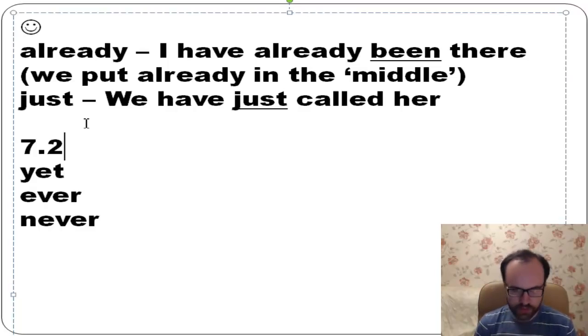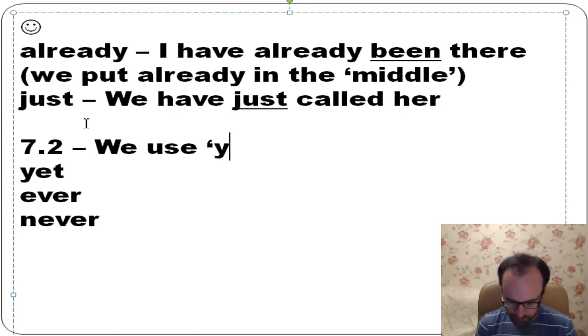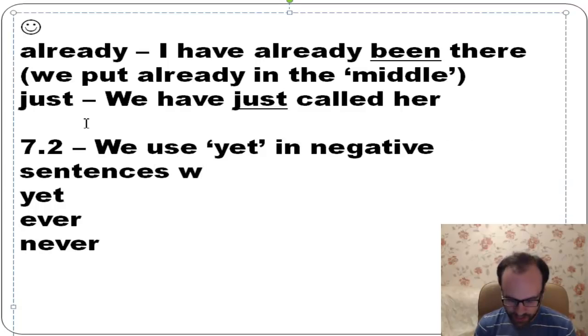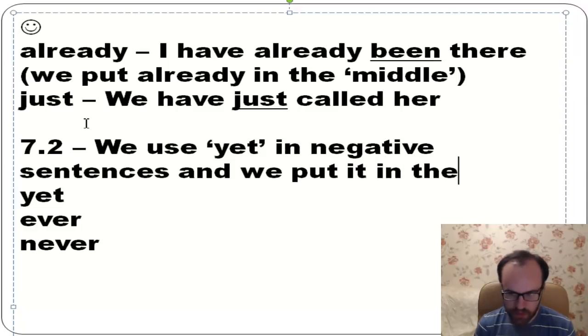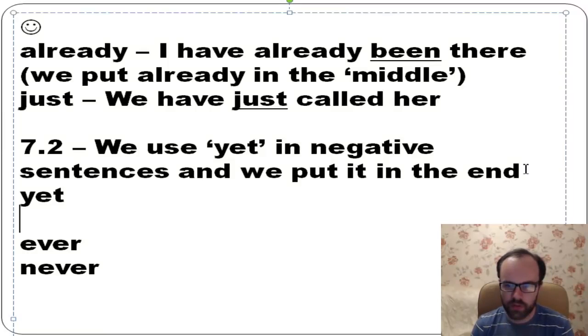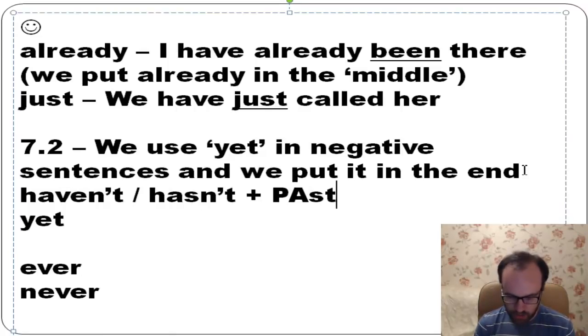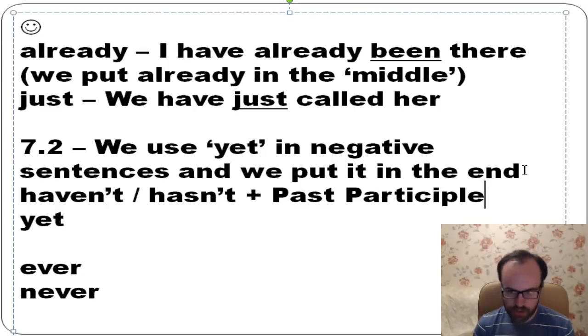So we use yet in negative sentences, and we put it in the end. So negative sentences: haven't or hasn't plus past participle.